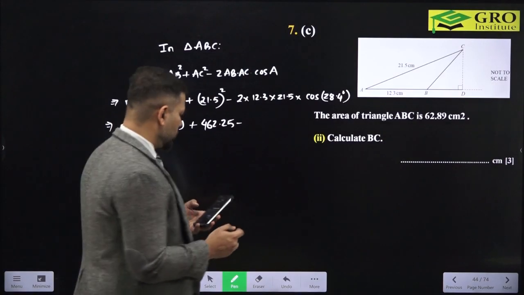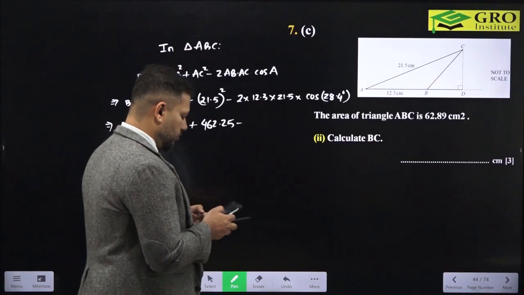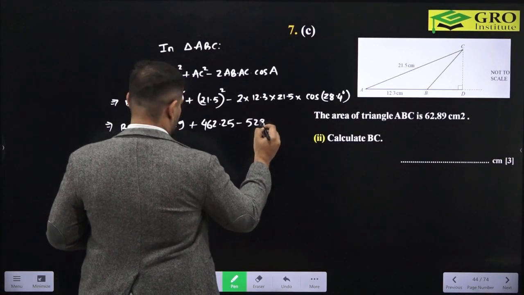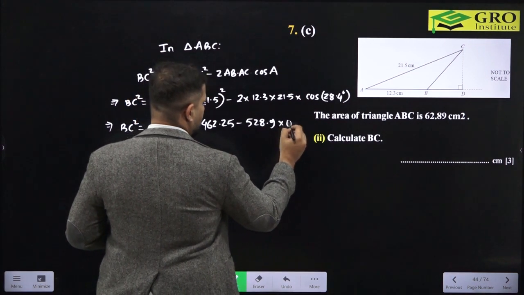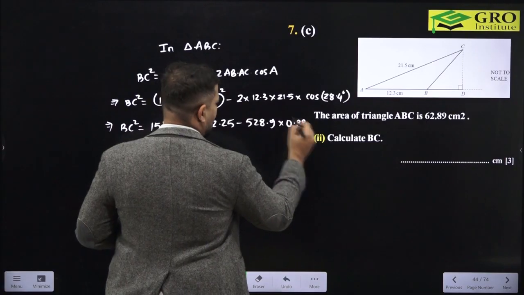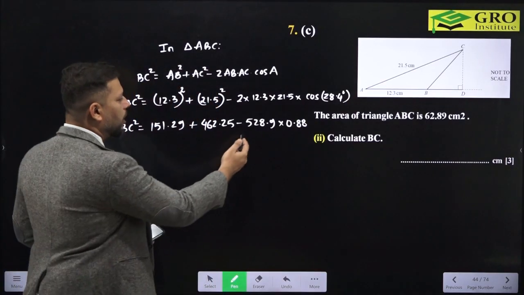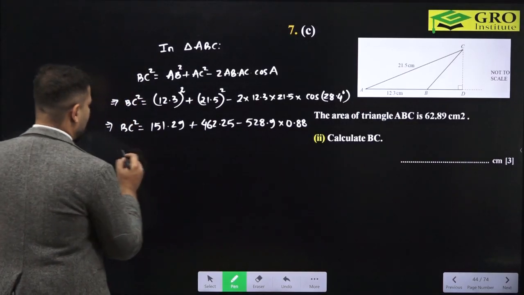So that is going to be 0.88. So we will do this: 528.9 multiplied with 0.88. That is what this looks like. So yes guys, let us just quickly find out what will be the product of 528.9 and 0.88.